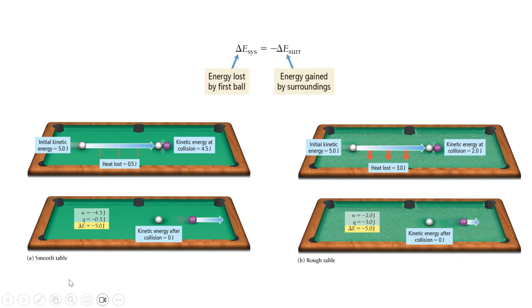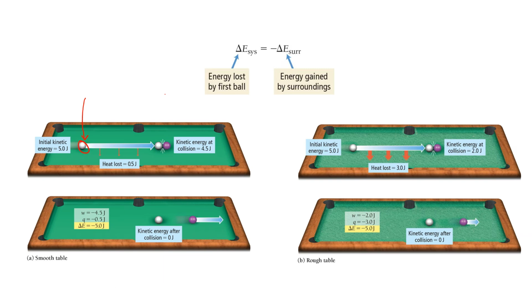Okay, and speaking of heat and work, last class I gave a great example of how you can visualize this concept of heat and work as far as energy. We looked at billiard balls rolling down a pool table. And remember what I said, that for the internal energy, you can describe the system as this white ball right here.